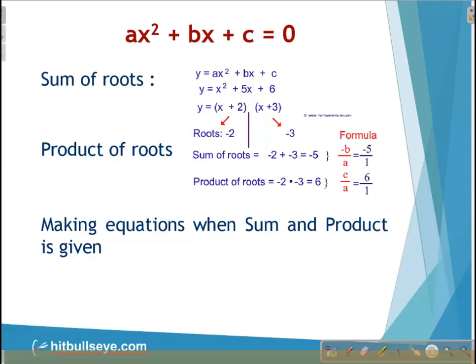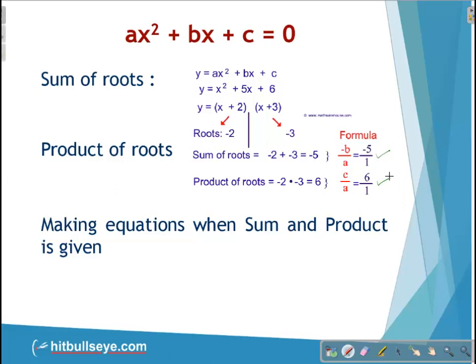But students, actually we don't require to do all this stuff when we have to calculate the sum of roots and the product of roots. We have direct formulas for sum of roots as minus b by a, and here it will become minus 5 upon 1, and product of roots as c by a, as it will become 6 by 1.